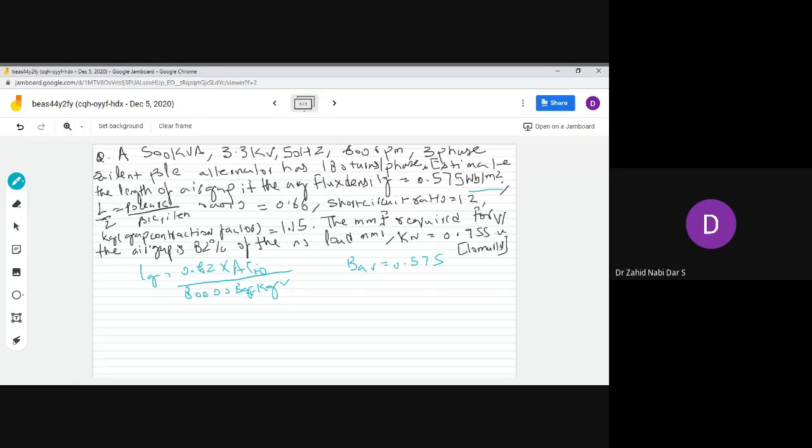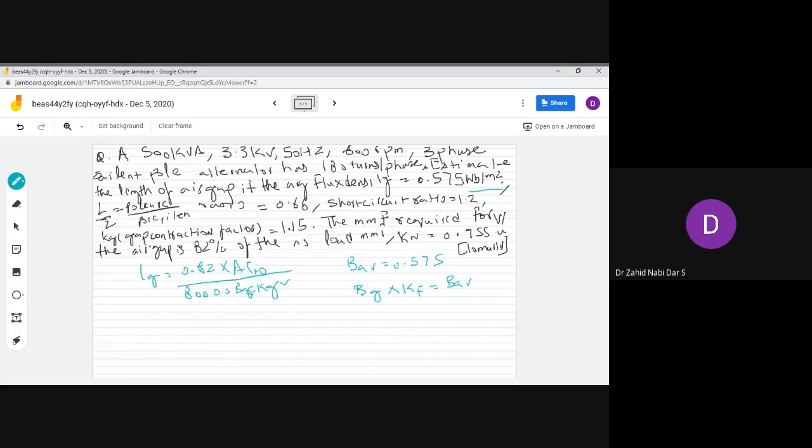Bav would be equal to Bg into Kf. They have mentioned the Kf value also. The gap contraction factor Kg is 1.15, and another value 0.66 is mentioned. How do you get the Kf value?